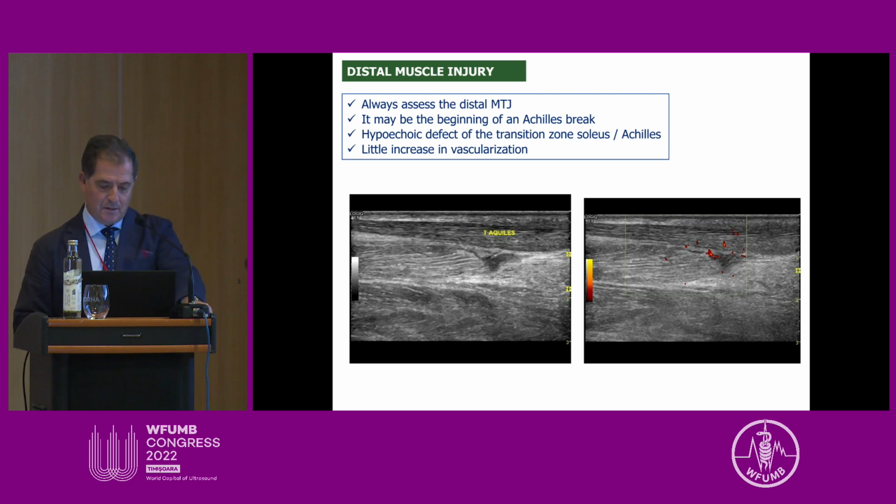When you find this rupture in this fiber, the risk of rupture of the Achilles tendon is bigger. And so you should always review this portion of the distal soleus.